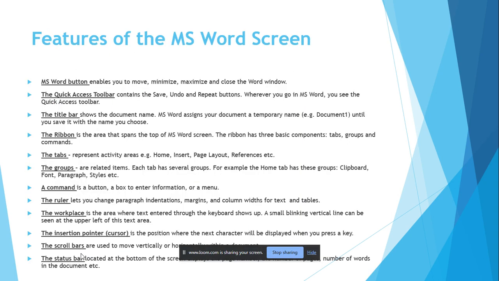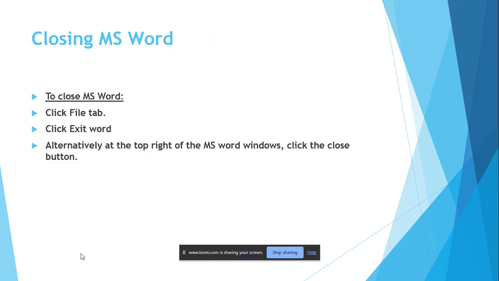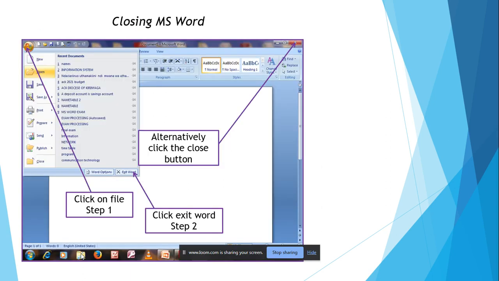Very well, we have the features and all that I've already explained. So how to close Microsoft Word: click on the File button, click on Exit Word, and then you will have closed it. I've illustrated here using a diagram, a screenshot.